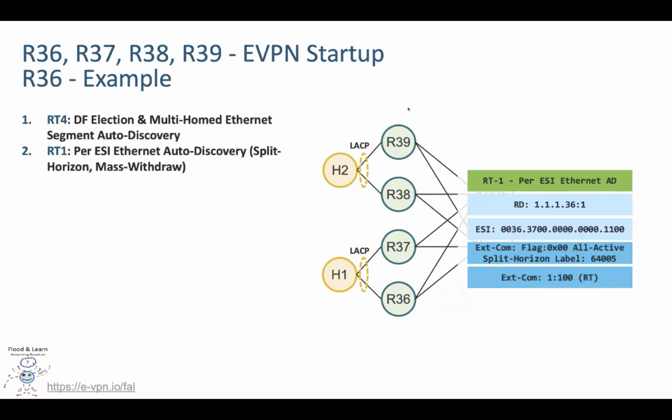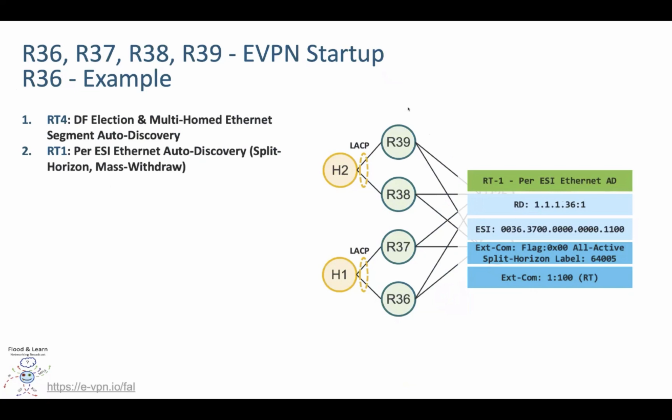The next one is route type 1, which is there per ESI. We will also talk about route type 1 per EVI, but this one per ESI is there to advertise the split horizon label, and also to work for the mass withdrawal. With this one, you are advertising the split horizon label, which is used for the local loop between R36 and 37, and also for 38 and 39.